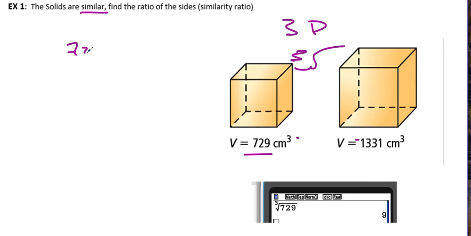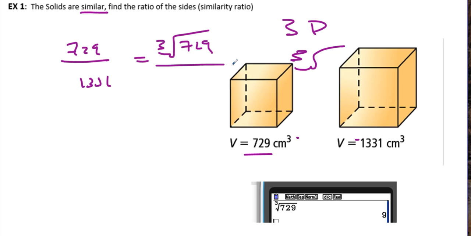If we have 729 over 1331, we take the cube root of 729 and the cube root of 1331. In the calculator, you go to that menu right there, put in your cube root, and you're going to have 9 over 11. So this side could be any multiple of 9, and this could be a multiple of 11 right here.